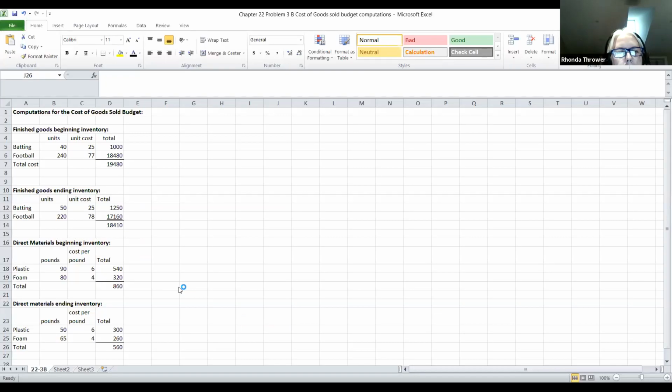And we're going to look for our finished goods ending inventory, which is right here. Again, this information was given and you multiply it out, then you add it together, and that will give you 18,410 as our finished goods ending inventory.